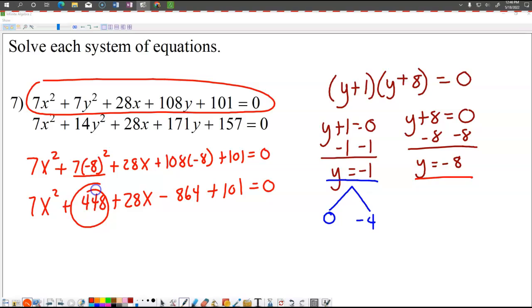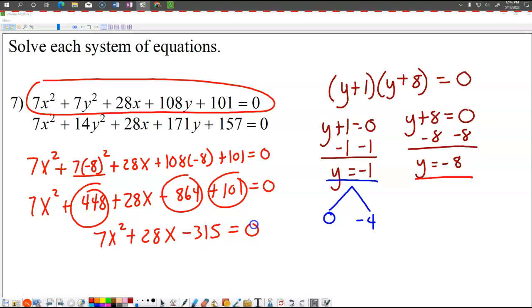Now if I put these three numbers together, let's see what we get. We have 448 minus 864 plus 101. And I get negative 315. Now something tells me that all of these numbers can be divided by 7. Why? Because that's how the problem's been going so far.